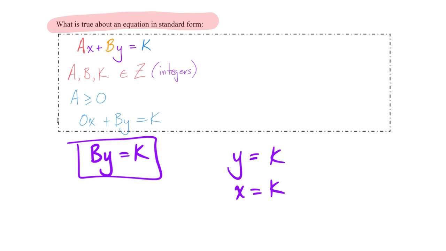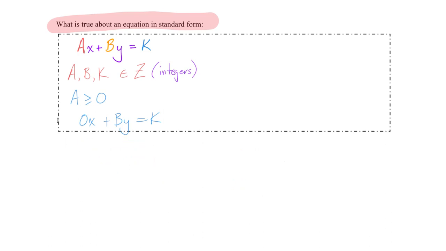It just happens to be a horizontal line. So if I were to go back, my A can equal 0. The consequence of that, I'm going to put in brackets in purple. That would make my equation by equals k.